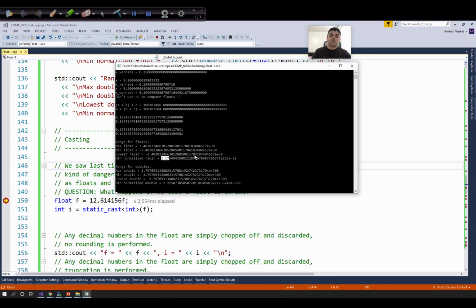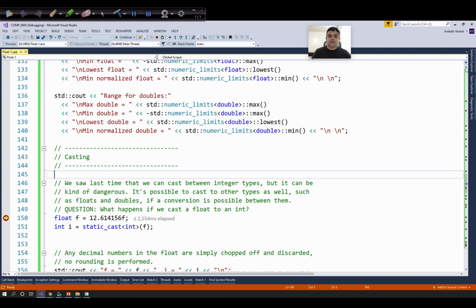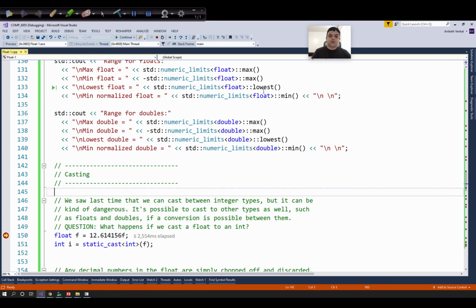However, the lowest possible float that can be represented using 32-bit float is minus 3.4 times 10 to the power of 38. So if you want the lowest, you will need to query using std::numeric_limits::lowest. And if you want the smallest positive number, you can use numeric_limits::min.